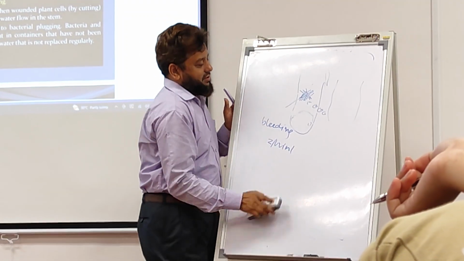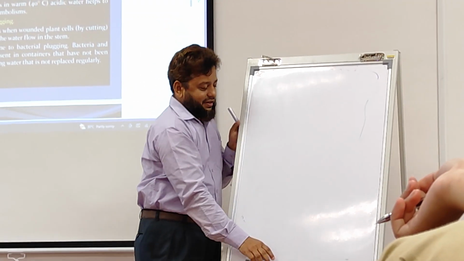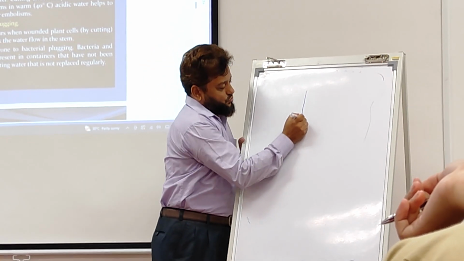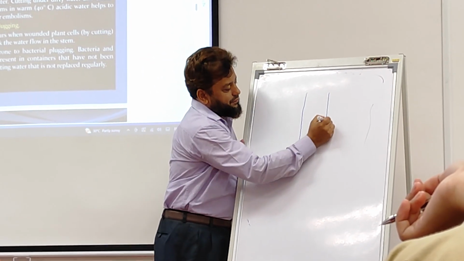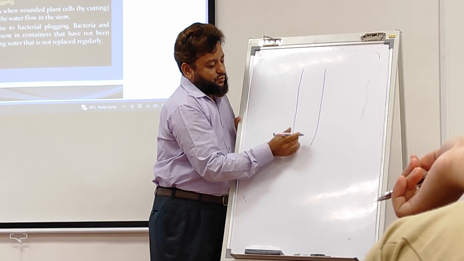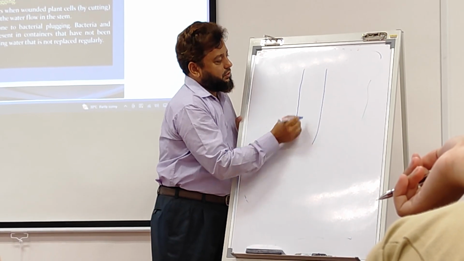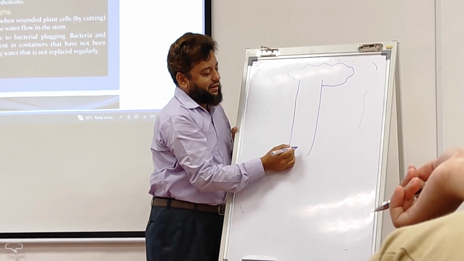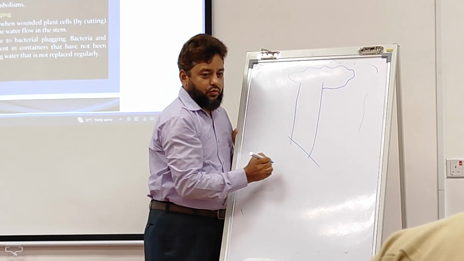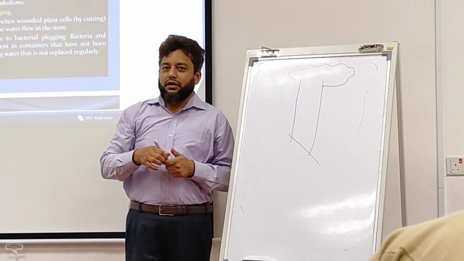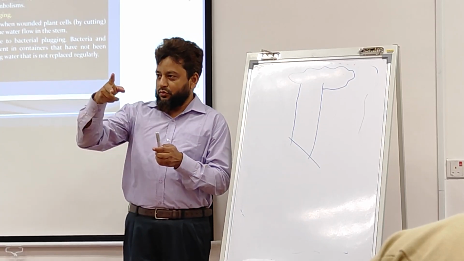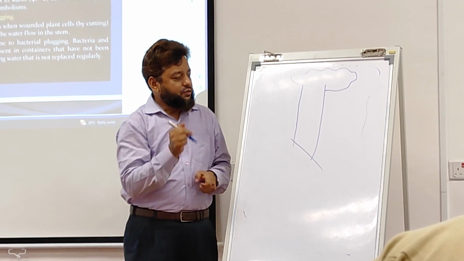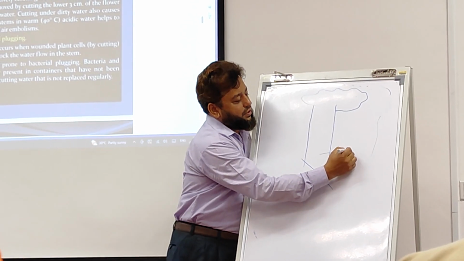So now actually here also the stem, right? So here then the petal, right? See, then the petal, and we give one cut. So actually we just take a knife and we just cut this flower, right? So now tell me, will there be bleeding or not?